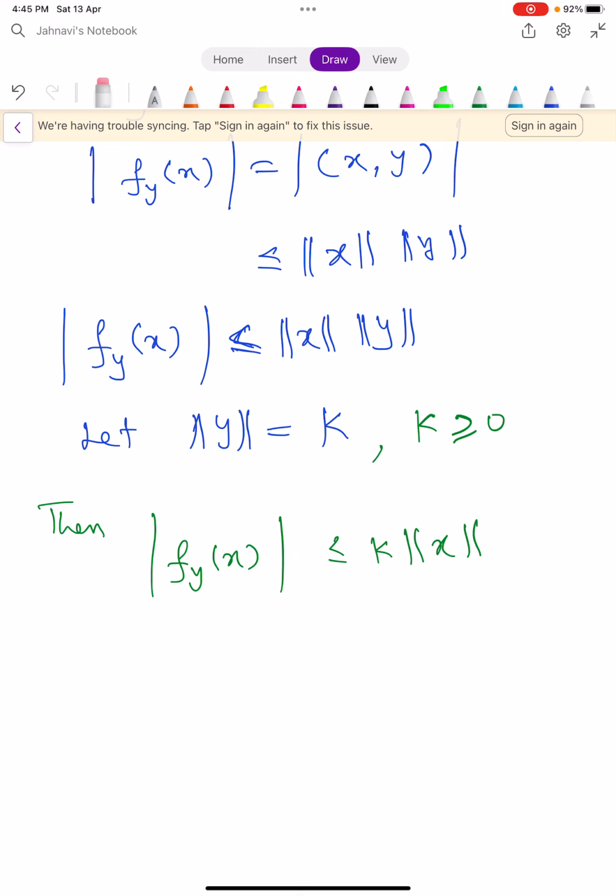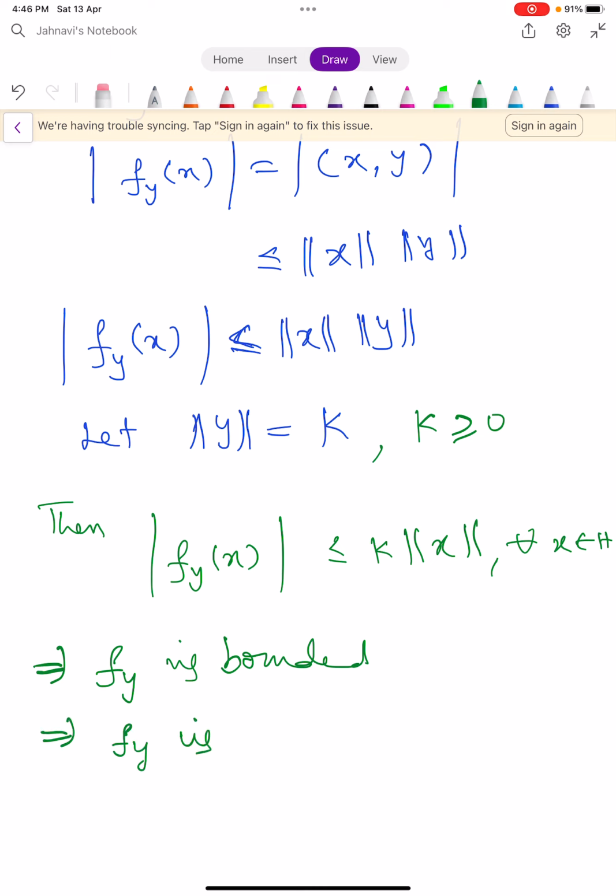So mod fy of x is less than or equal to k into norm x for all x belonging to capital H. This condition shows us that fy is bounded. Since every bounded functional is continuous, fy is a continuous functional.